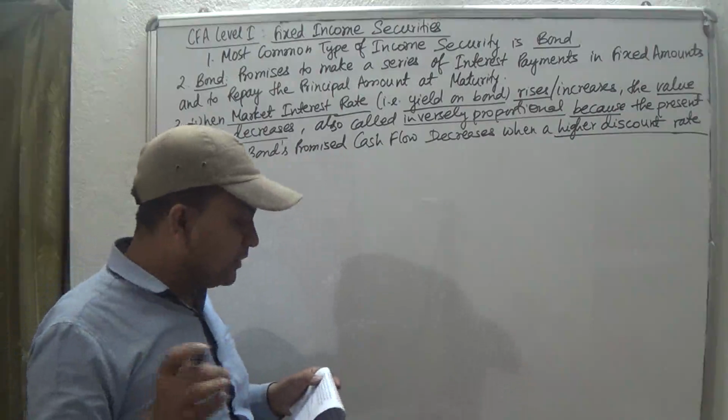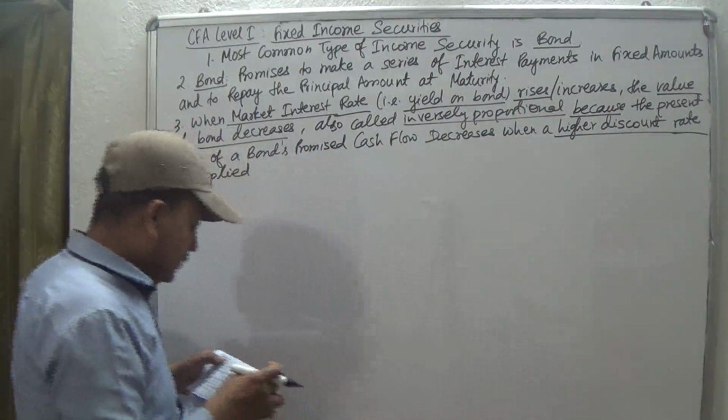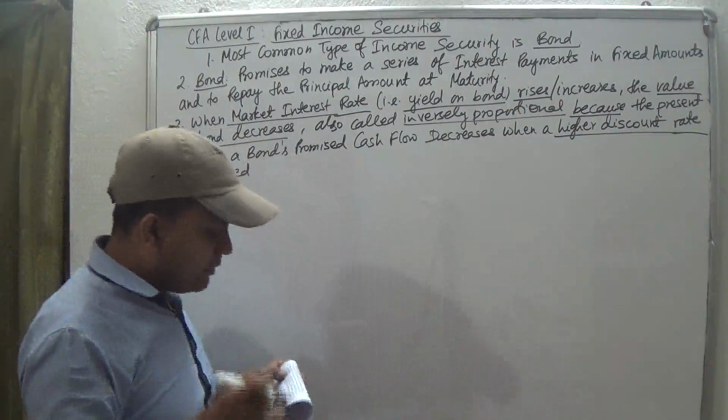Now, bonds are rated based on their relative probability of default, that is, failure to make promised payments.